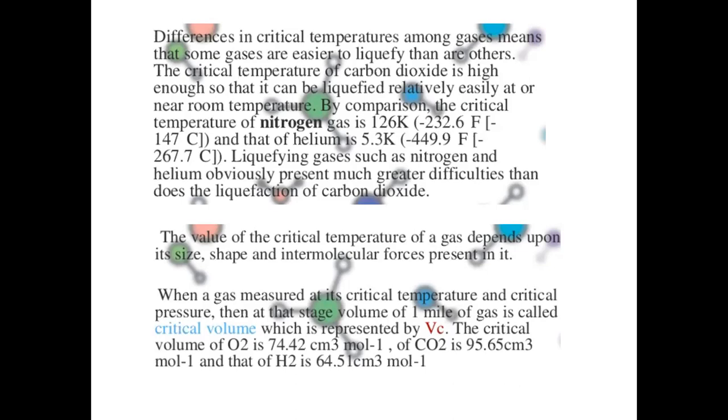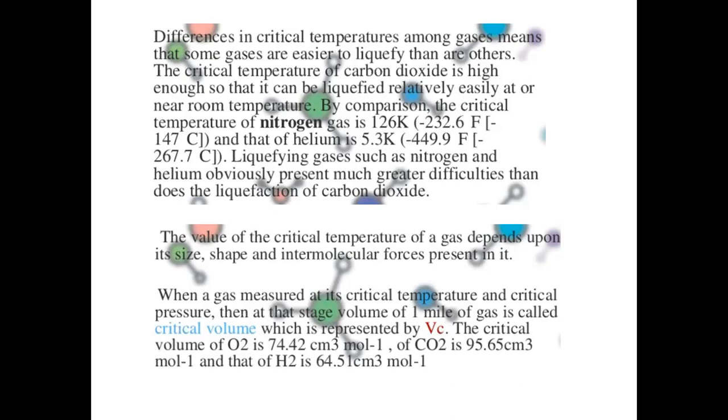When a gas is at its critical temperature and critical pressure, then at that stage the volume of that gas is called critical volume, which is represented as Vc. The critical volume of oxygen is 74.42 centimeter cube per mole, that of carbon dioxide is 95.65 centimeter cube per mole, and that of hydrogen is 64.51 centimeter cube per mole.